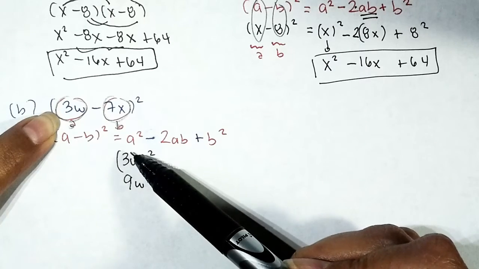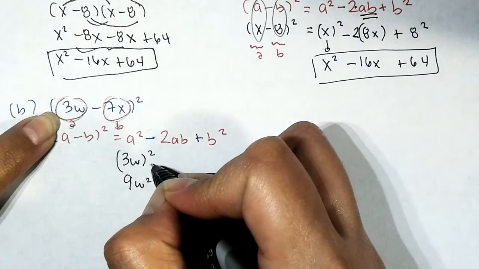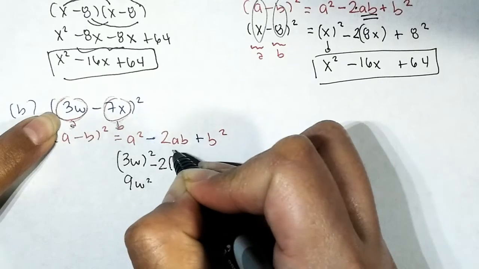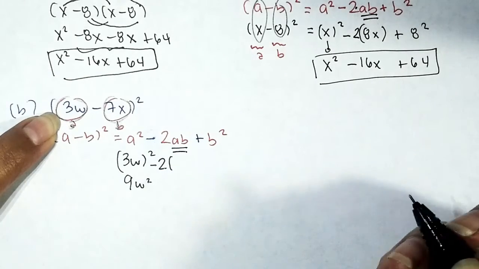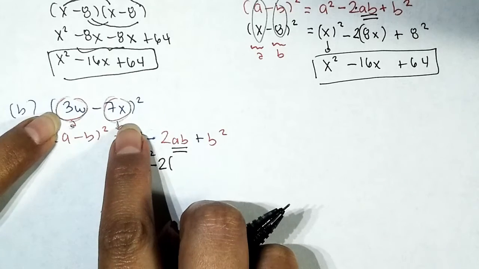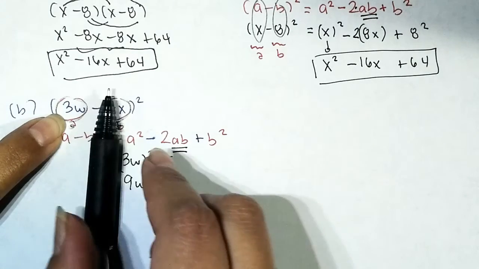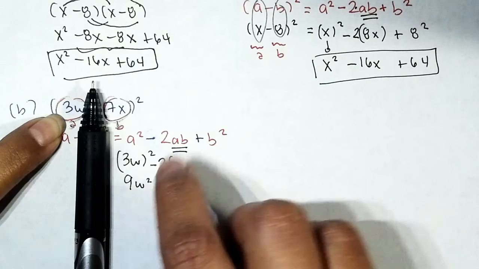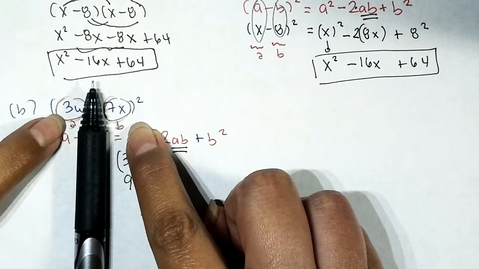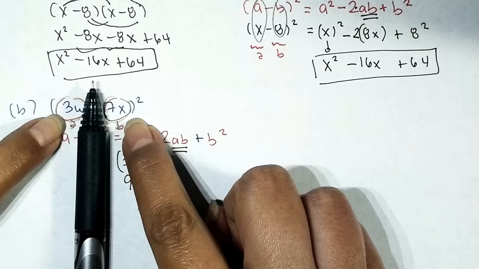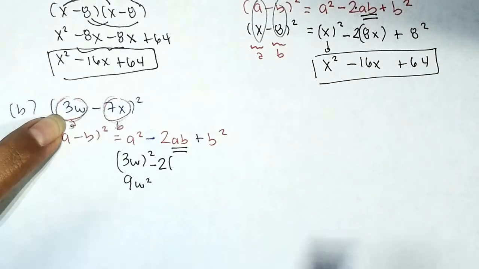All right. So we have a squared minus 2ab, minus 2 times the product of a and b. The product of a and b, 3w times 7x, will give us 21wx.